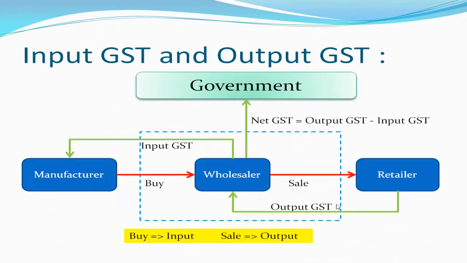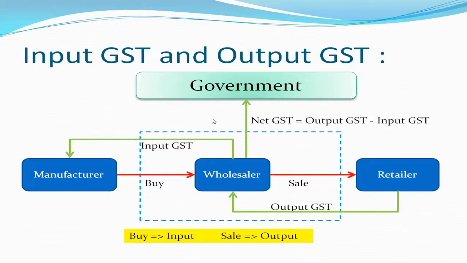Now, as we said, the seller collects GST from the buyer and pays it to the government, right? But now, the wholesaler is a buyer for the manufacturer and a seller for the retailer. So the wholesaler is basically a buyer as well as a seller for different transactions, right?